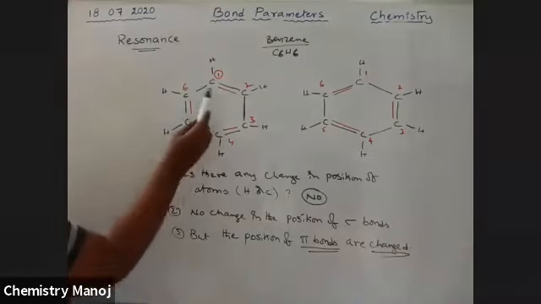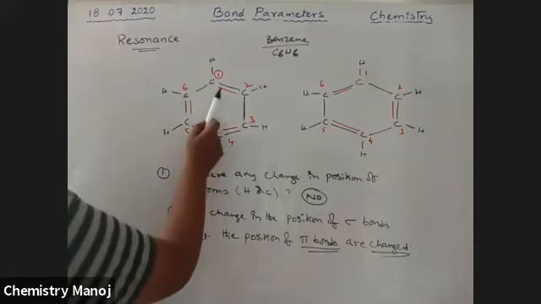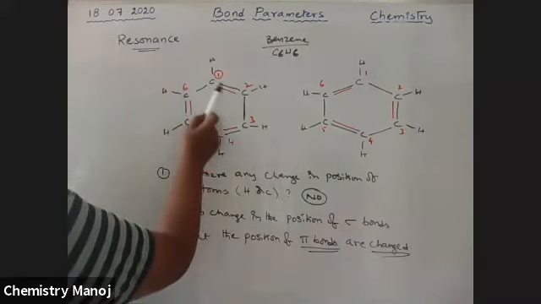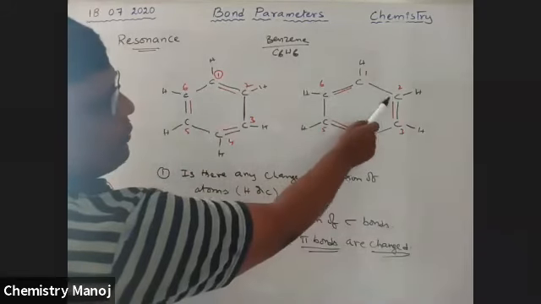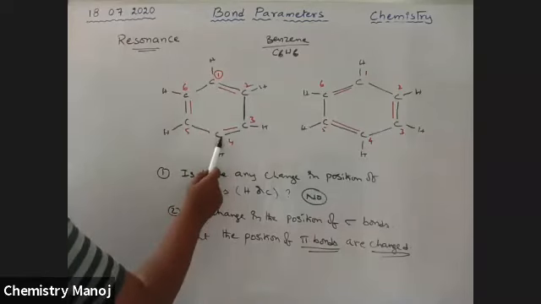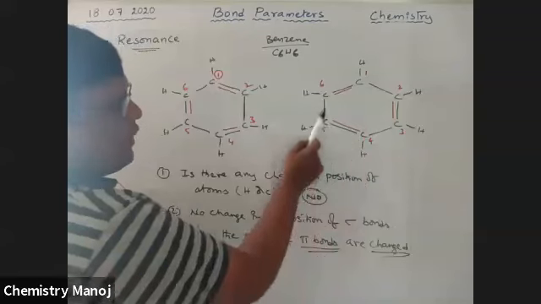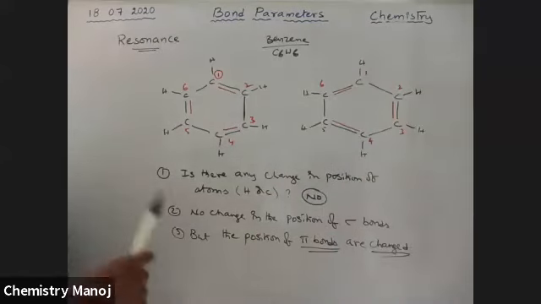See here, the red colored bonds are pi bonds. Here pi bonds are between 1 and 2, 3 and 4, 5 and 6. But here they are between 2 and 3, 4 and 5, 6 and 1. That means the placement of pi bonds is changed.